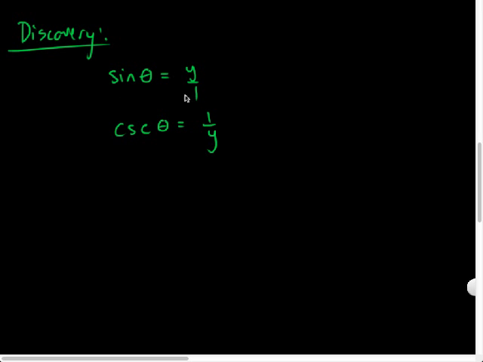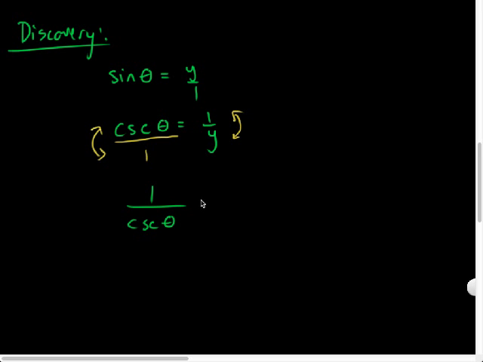Now, let's actually figure this out for sine. Suppose for cosecant theta, would it be true that I could reciprocate both sides of this and it would still be a true statement? Can I flip both sides of an equation? Is that a legal thing to do? Yeah, that's allowed. I can do that.